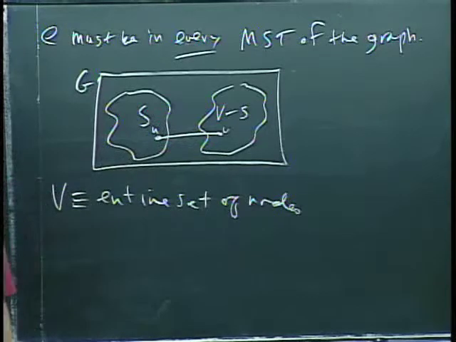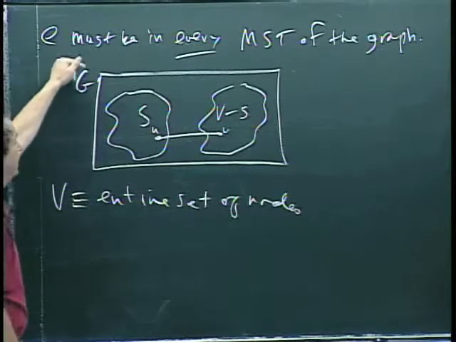And we're saying that if E is the minimum weight edge between some subset of nodes S and the remainder of the nodes, V minus S, then E must be in every minimum spanning tree.